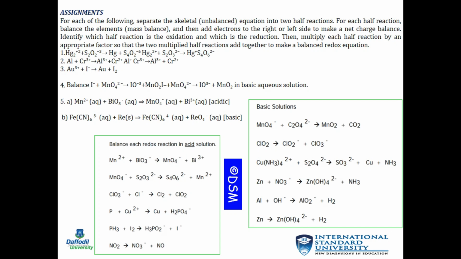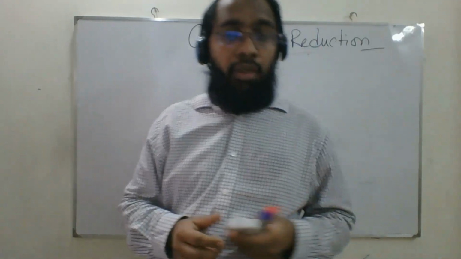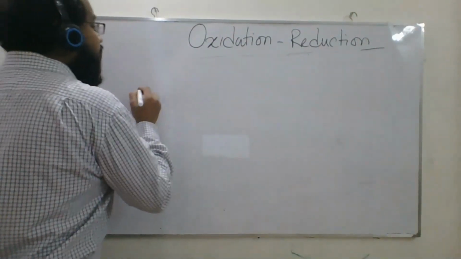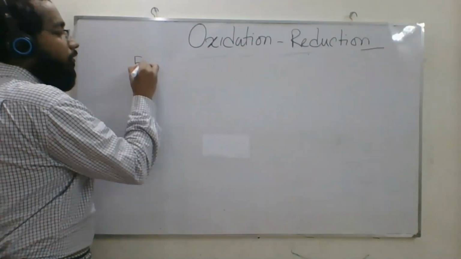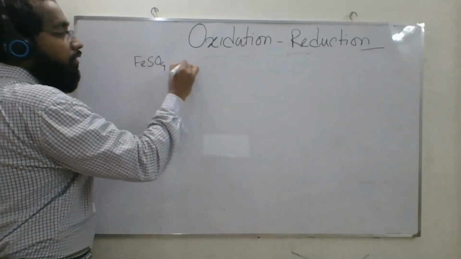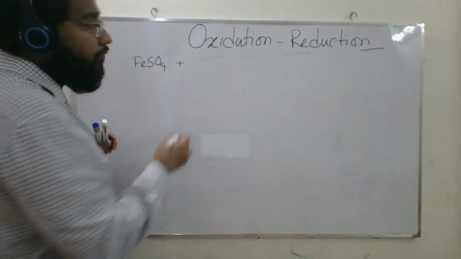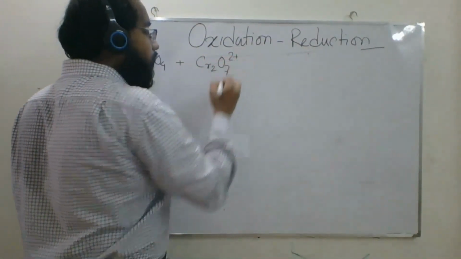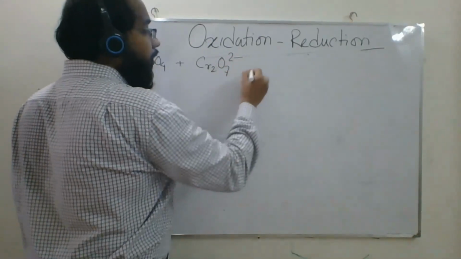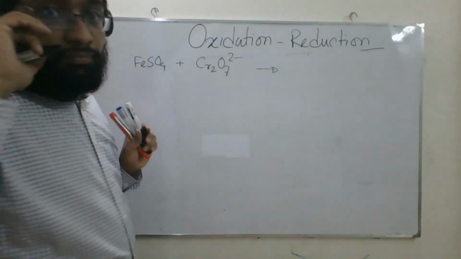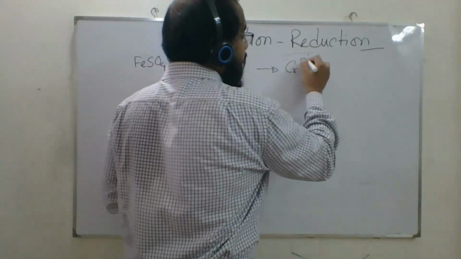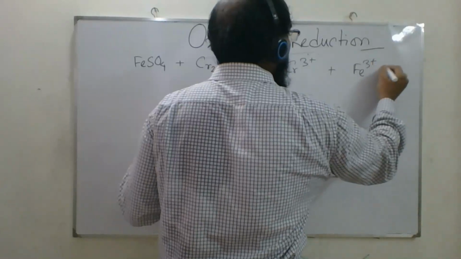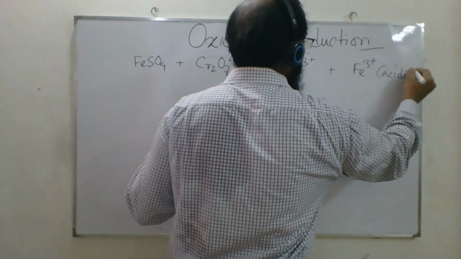Now, consider a single reaction in acidic condition. The reaction says that ferrous sulfate reacts with potassium dichromate and is converted to chromium 3+ and iron 3+ ion, and it is said that it is an acidic condition.